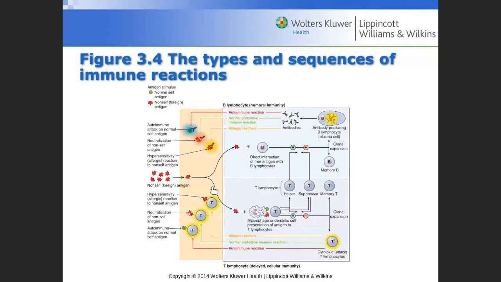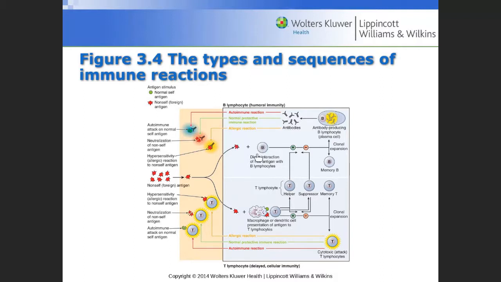But again, the take-home message is that within adaptive immunity, there are two arms, if you will. There's a humoral part, which is mediated by antibody, and there's a cellular part, which is mediated by T cells, right? They're both lymphocytes, but there are two different kinds of lymphocyte: B lymphocytes and T lymphocytes.